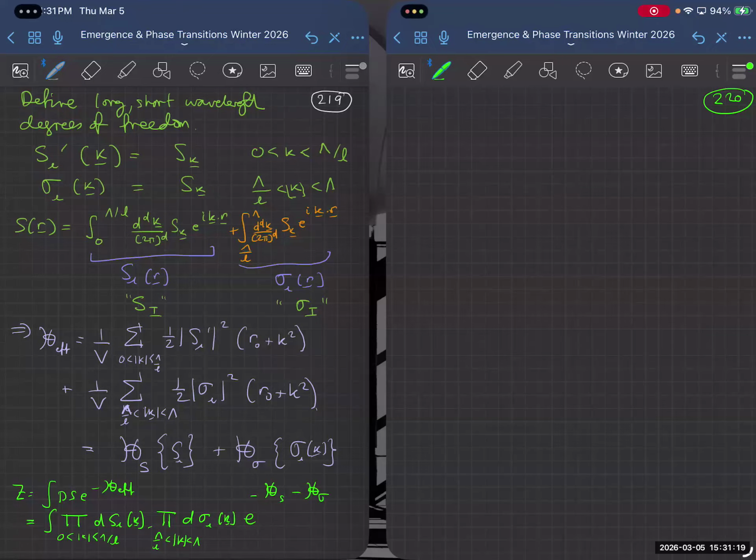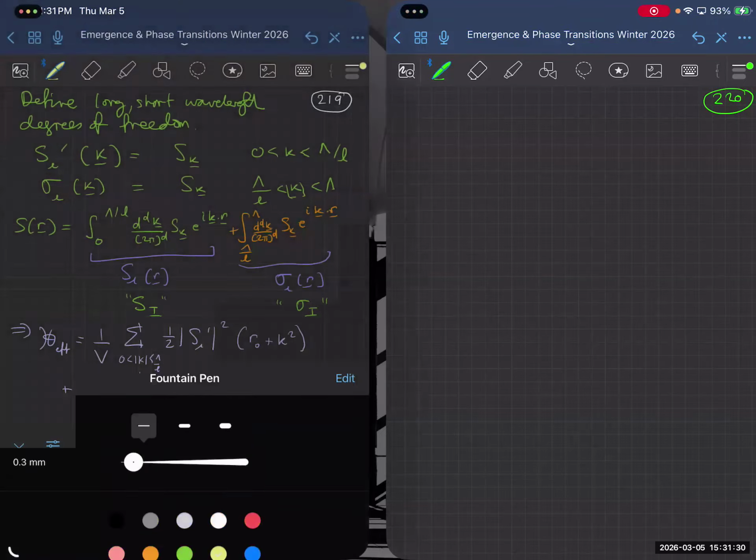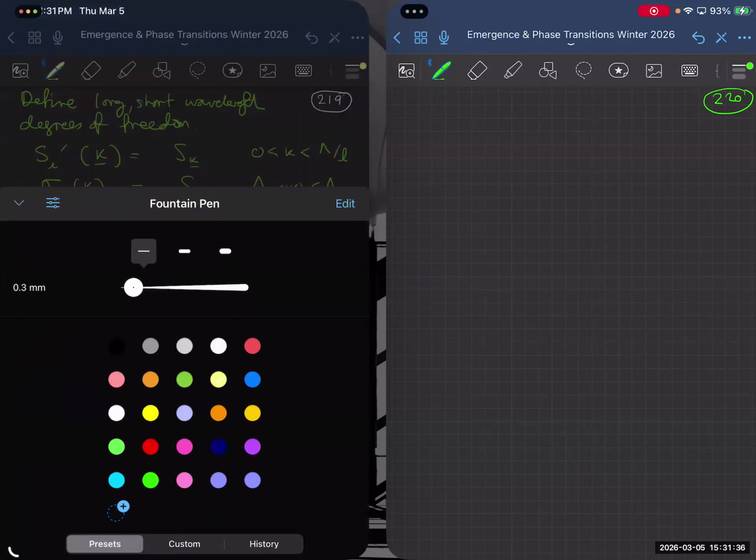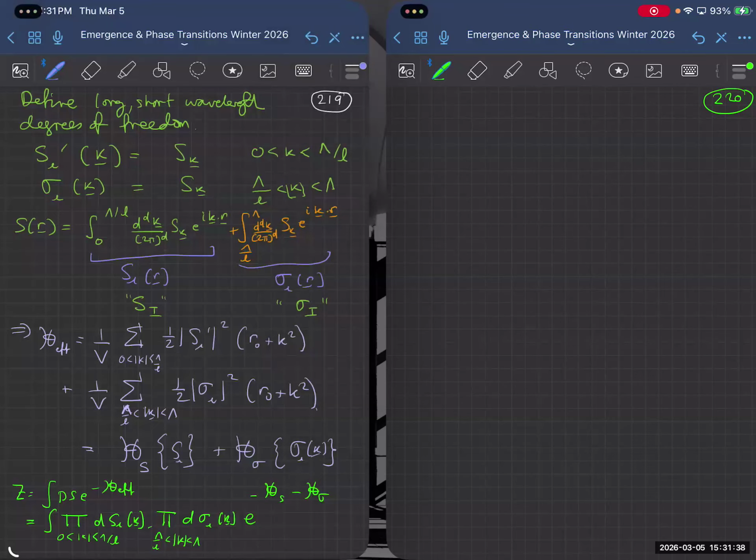But because at quadratic order the Hamiltonian just ends up being a sum of the two degrees of freedom, the long wavelength and the short wavelength degrees of freedom, they just come into a Hamiltonian like this, like I've shown you over here on the left-hand side. And so that means that this factorizes, and the measure also factorizes.